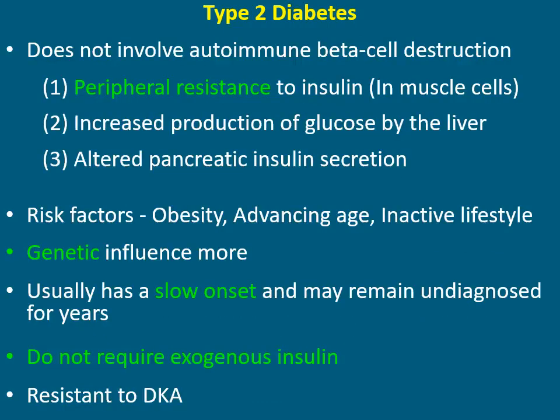Next, type 2 diabetes. It does not involve autoimmune beta cell destruction. It is characterized by the following three features. First, peripheral resistance to insulin, especially by the muscle cells. Second, increased production of glucose by the liver.